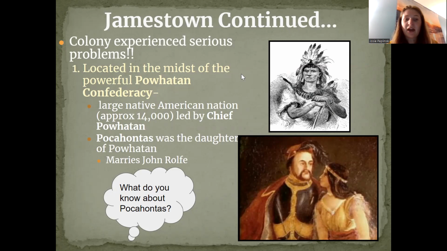So this could be a performance or ritual ceremony where they're doing a play or a show, a demonstration of their unity with the new settlers.